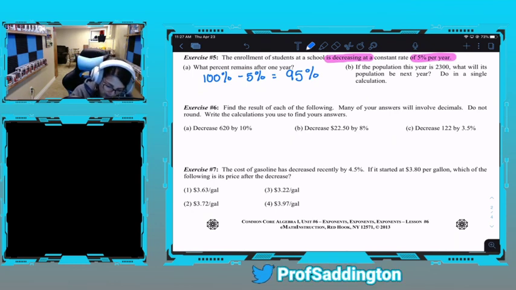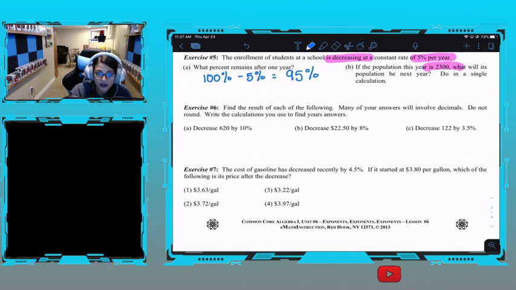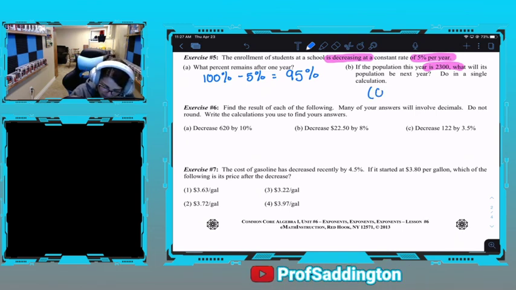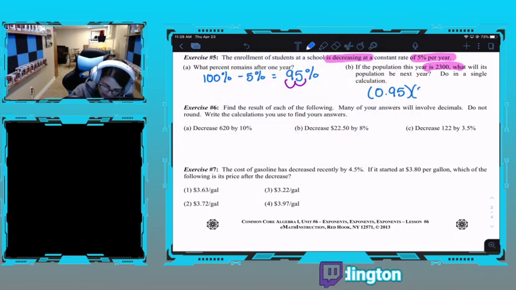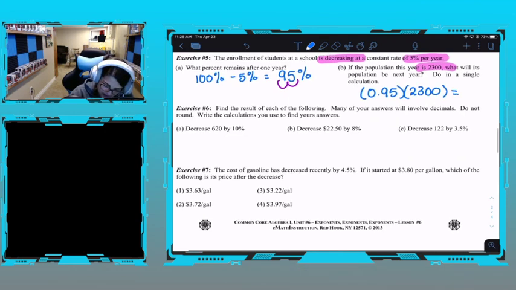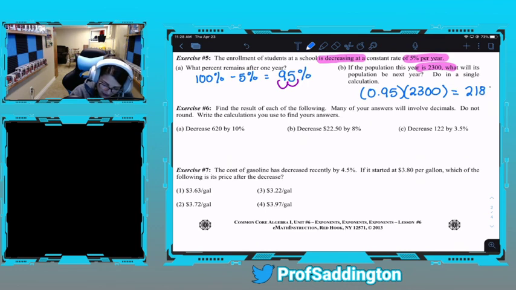So if the population at this school is 2,300, we have to take 0.95, because remember we got to move that decimal over twice. Okay, and multiply it by our population, and we get something smaller. We get 2,185.